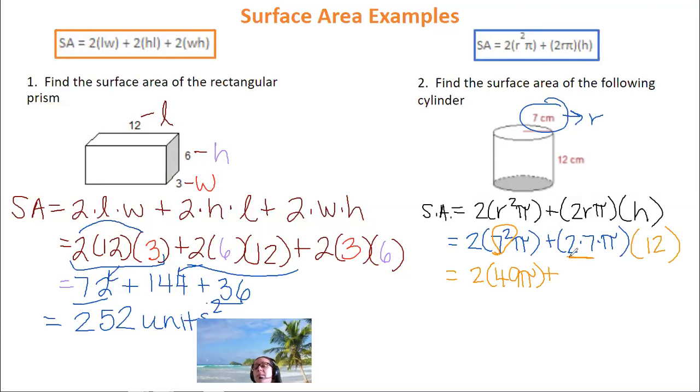2 times 7 is just 14, right? And then we're just multiplying. We're going to go 2 times 49. What's 2 times 49? 98?